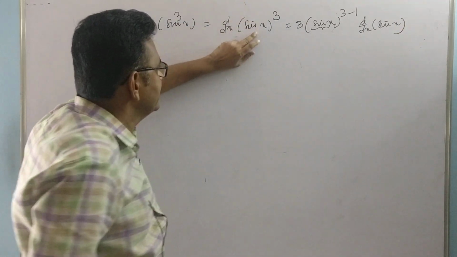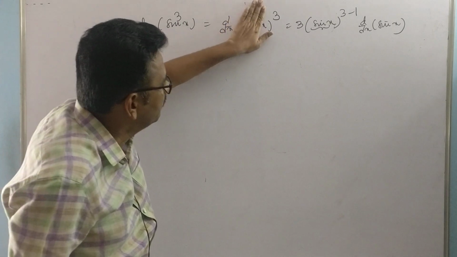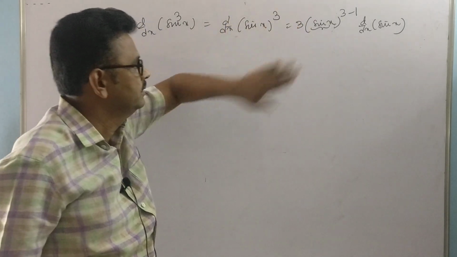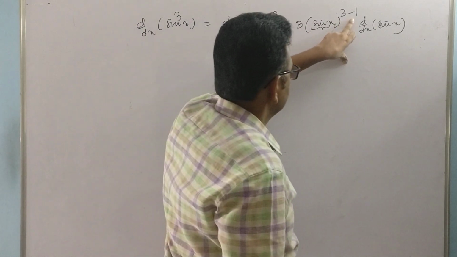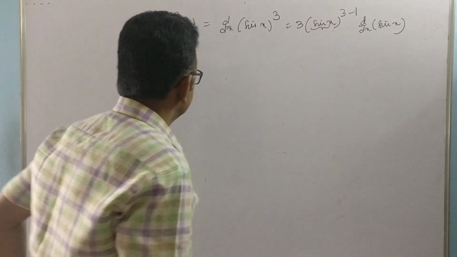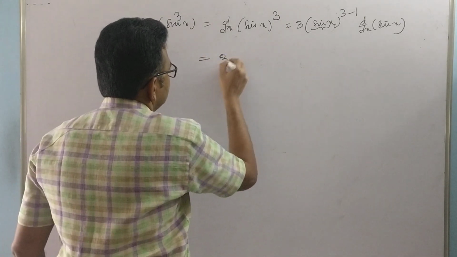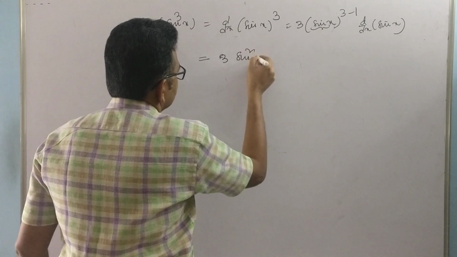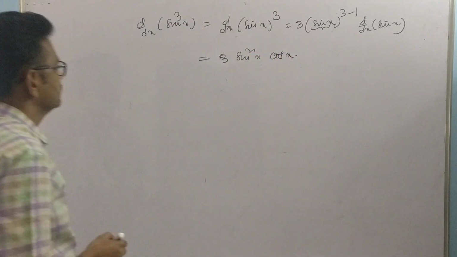There is no direct formula for sin x whole cube, so this is of the form x to the power of n: n into x power n minus 1 into derivative of sin x. That is equal to 3 into sin square x into derivative of sin x, which is cos x.